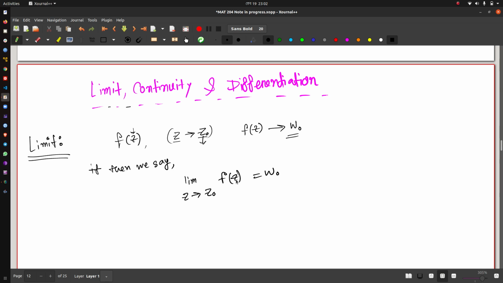That means z is going to z naught, and as a result f of z is approaching the value of w naught. But there are more conditions to it.